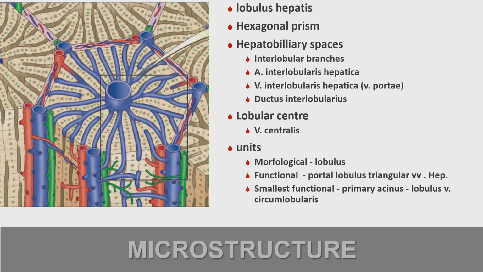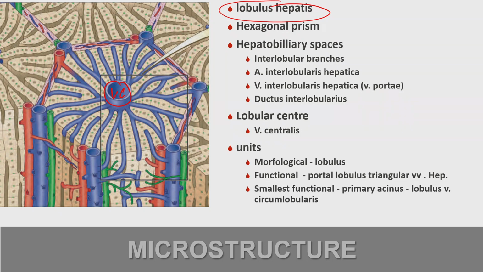For our purposes, it's important that the first unit is the lobulus hepatis, the lobule. This is a hexagonal prism which has a central point called the vena centralis, the central vein. The central vein is a part of the hepatic vein system, so this is the outflow tract. This is in the central part.